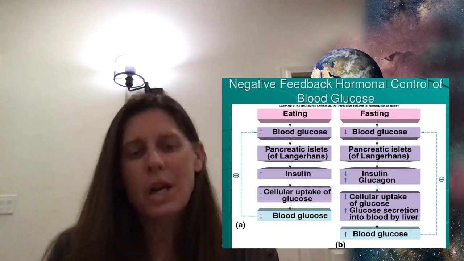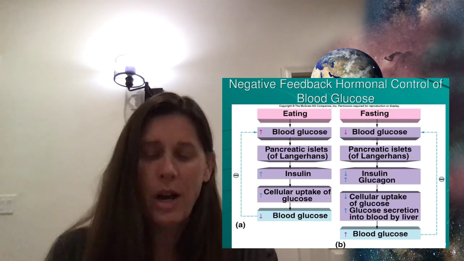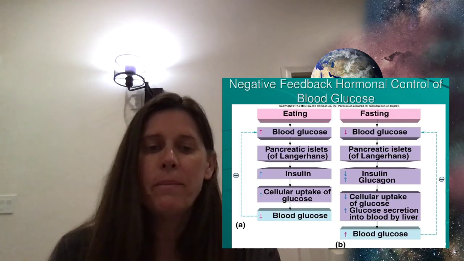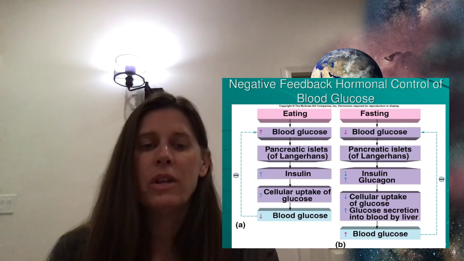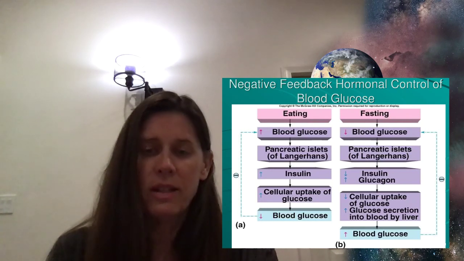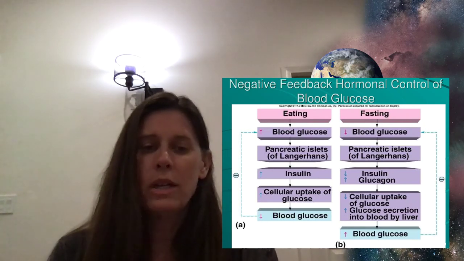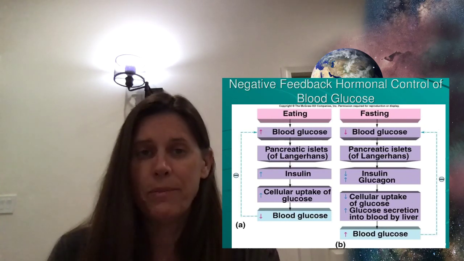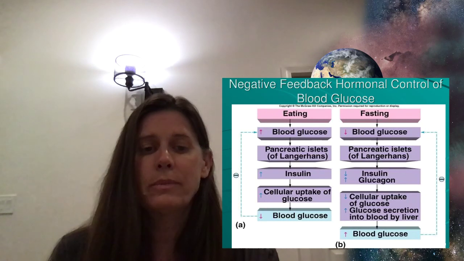But if you go too long, blood glucose levels start to fall. You don't feel good when that happens. So the body detects it, causes our pancreas to decrease the amount of insulin because we don't want to take glucose out of the blood anymore. But it will increase the amount of a different hormone called glucagon. Glucagon.